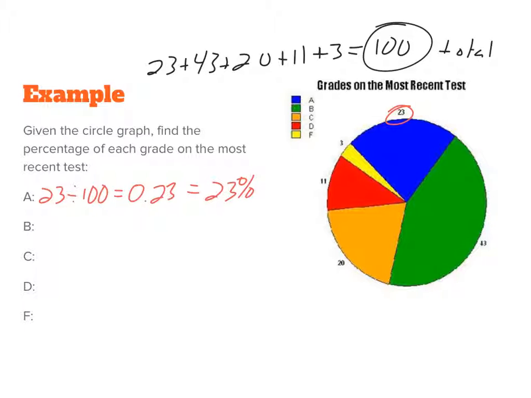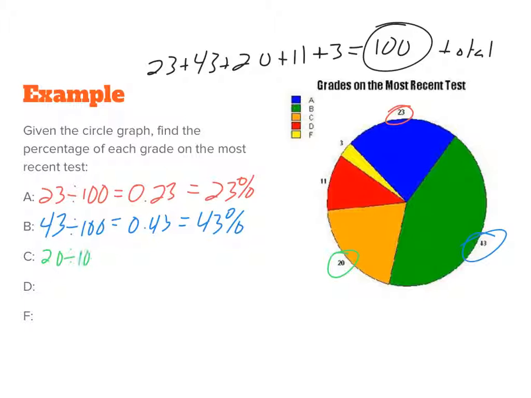For the B's, there are 43 B's. So I take 43 divided by 100, giving me 0.43. Turning that into a percent, 43%. For C's, there are 20 C's. So I do 20 divided by 100, which gives me 0.20. Turning that into a percentage is 20%.